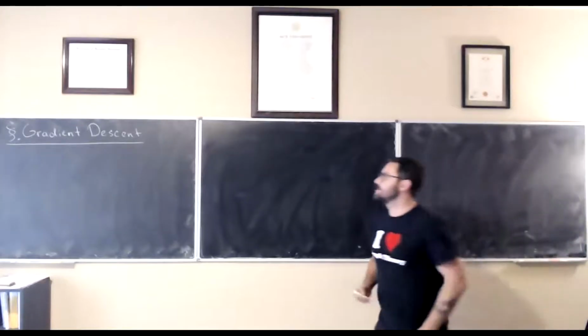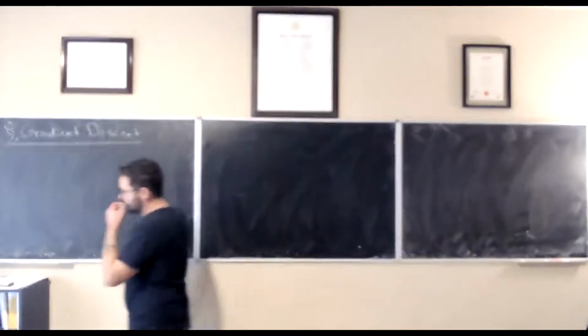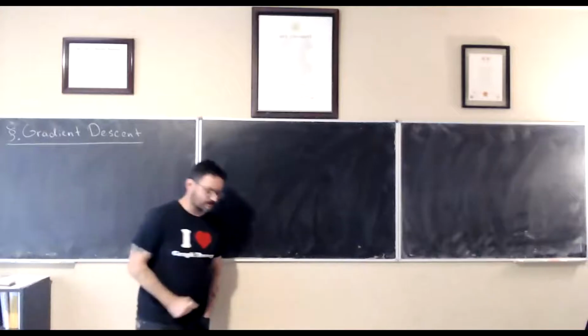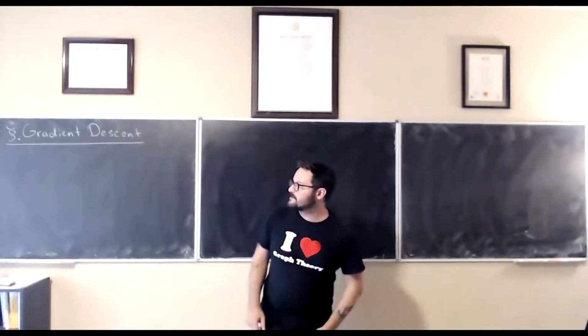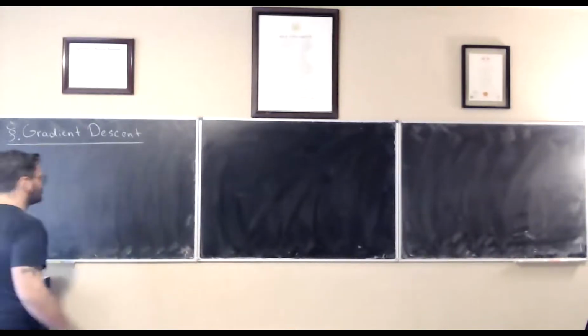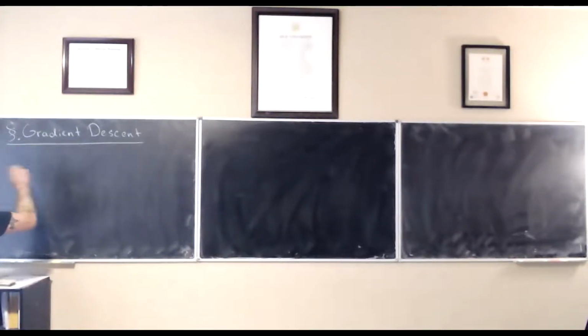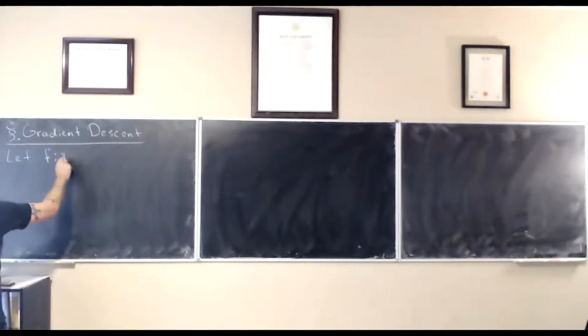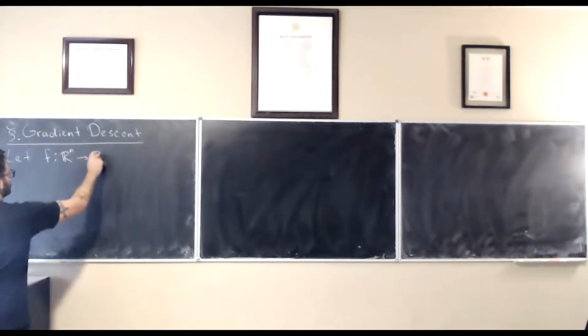Okay, so in today's lecture, we're going to introduce the very important notion of gradient descent. This is an iterative algorithm that solves the following problem. Let f be a function of n variables, a scalar valued function.